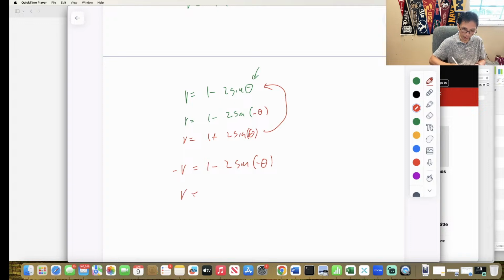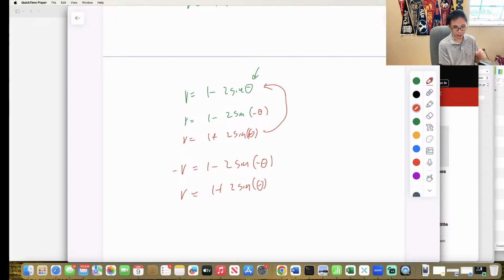That is going to give you r equal to 1 plus 2 sine theta.